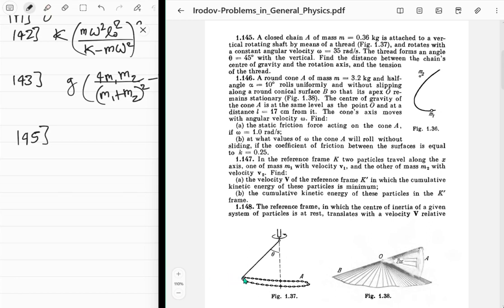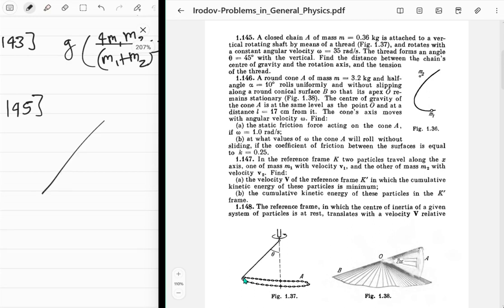This guy has theta angle made with the vertical by this string. You have tension over here. So T cosine theta must be mg, and the horizontal component will be mg tan theta, right?